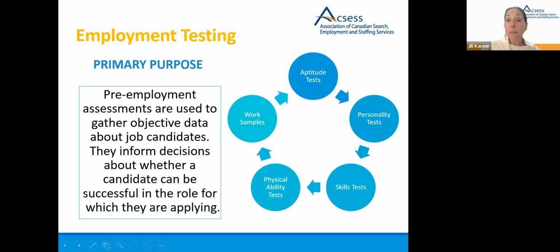There could be physical ability tests, which could be important for, let's say, a firefighter or police officer, which again have to be done with a bona fide occupational requirement. Other things could be drug testing or psychological assessments to test candidates' health conditions. Those really have to be done with a bona fide occupational requirement.